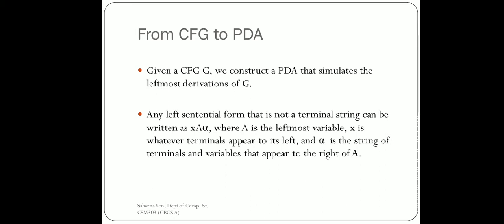Now why is A the leftmost variable? If you look at this form, the variable lying at the leftmost end is A, obviously capital A. Why? Because alpha, as we have already learned, is a string. It can consist of both terminals and variables, it can be only terminals, only variables, or a combination of the two, anything.